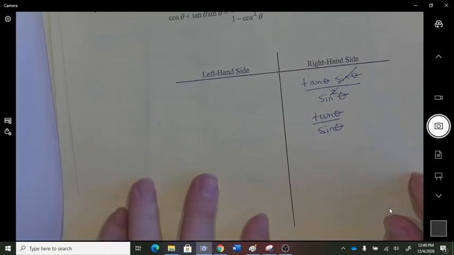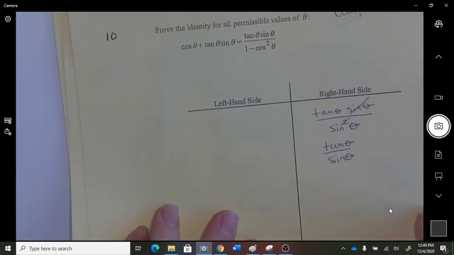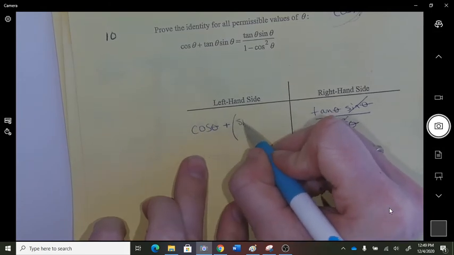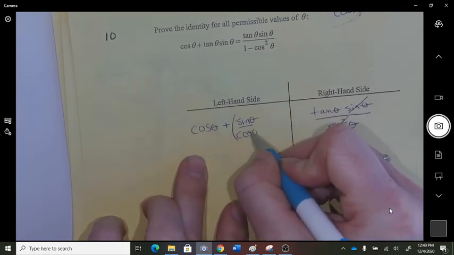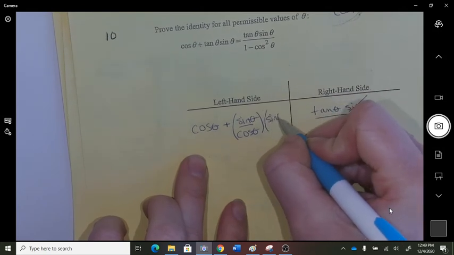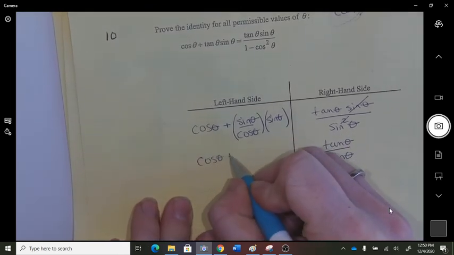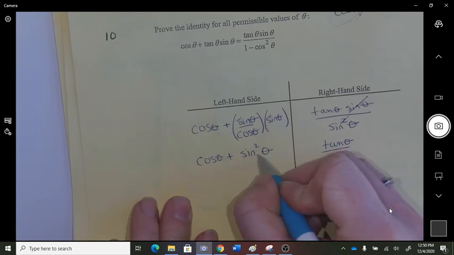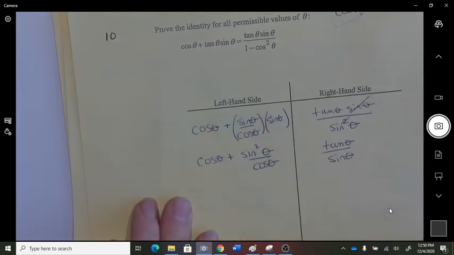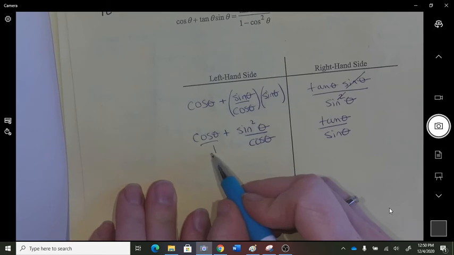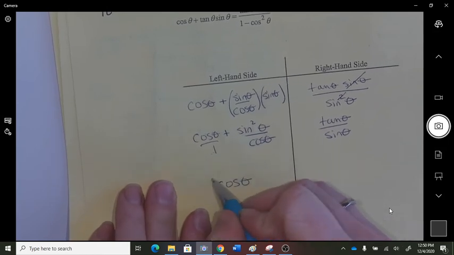Okay, I think I'm going to work a little from the other side. So cos theta plus tan gets replaced with sine over cos. Now I'm going to multiply here, so I get sine squared over cos. Now I'm going to make this all over one denominator, so I'd have to turn this into a cos.